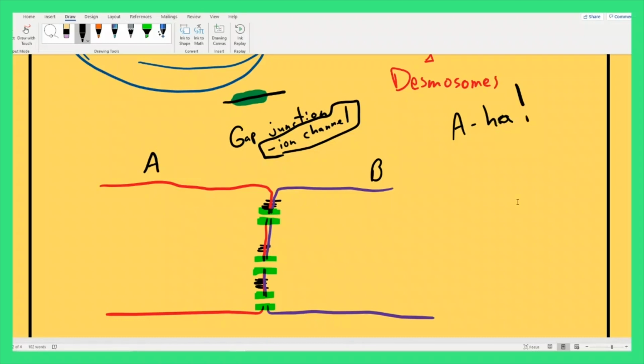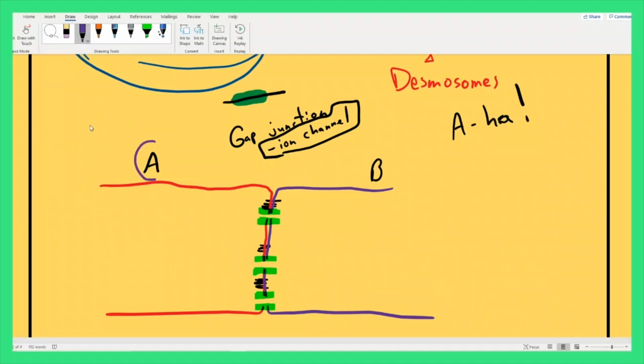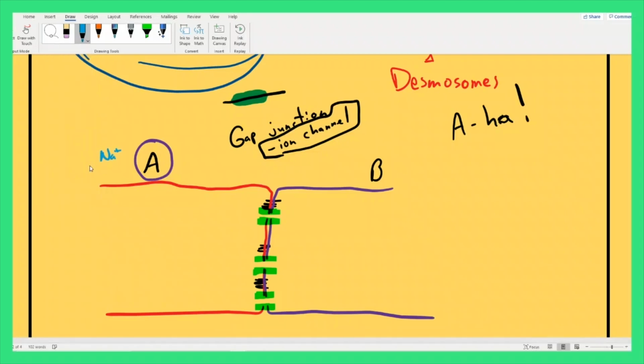Let's say that cell A is experiencing an action potential. What would be happening to cell A if it's in the throes of an action potential? Well, a whole bunch of sodium would be moving around, right? Wouldn't sodium be flying into this cell through open ligand and voltage-gated sodium ion channels?